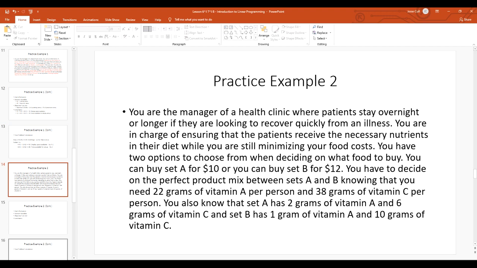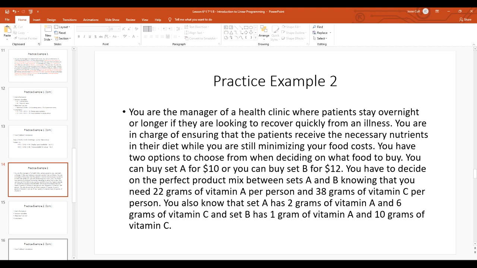So this is our second question. As always, we follow the same 3 steps. Step 1, find our decision variables. What choice is being made? You are the manager of a health clinic. Patients stay overnight, and they're looking to recover quickly. You are in charge of ensuring the patients receive necessary nutrients while also minimizing food costs.